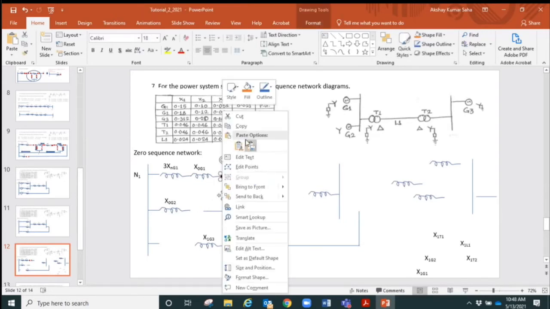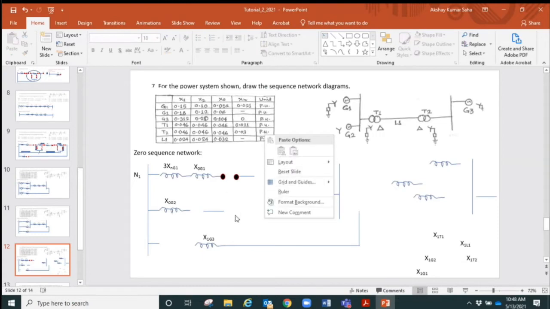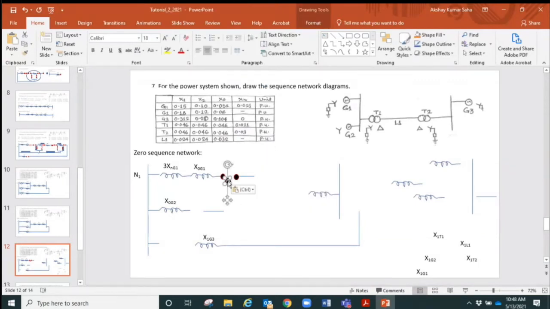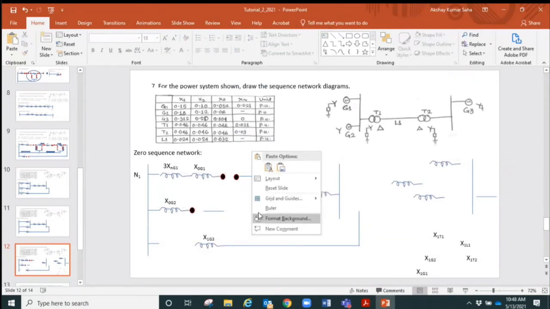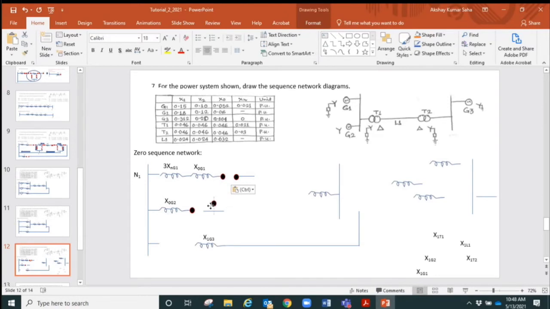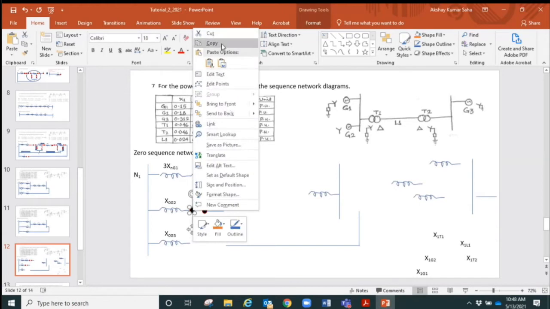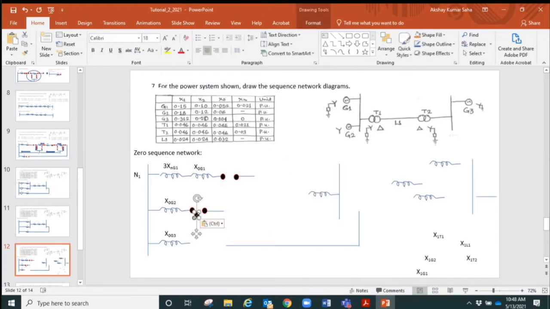So let me just do this quickly. So generator G2, we leave the open, and then we look at it, and then we can do the generator G3 as well, and we can label it as X0 G3, and we look at the star connection and it's grounded, but it doesn't have any impedance, so it will not have any 3Xn kind of thing.